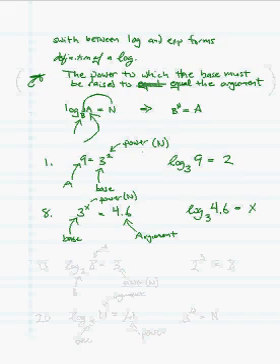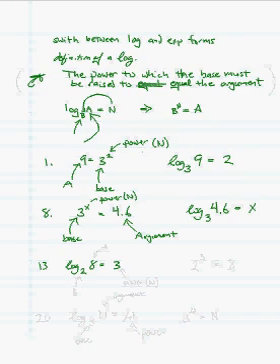Okay, here you're going to be going in reverse. So for 13, they give you log base 2 of 8 equals 3, and they want you to convert this into exponential form. Again, just keep remembering it's the power to which the base must be raised to equal the argument.